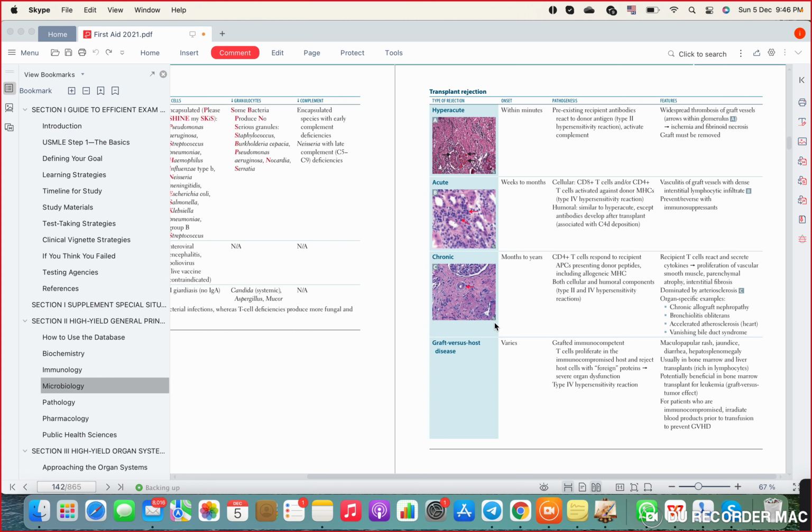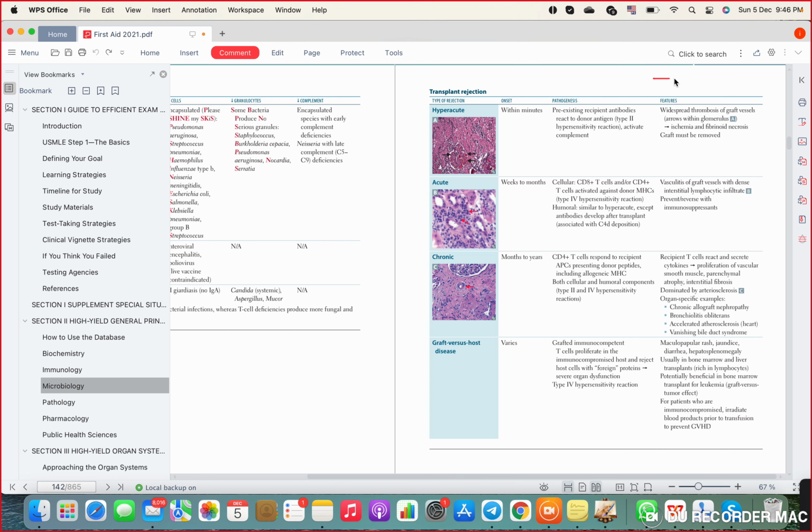And when I was reading the explanations, they said CD4 reaction would be chronic and acute would be CD8. Well, remember the CD8 is basically the cytotoxic T cells. It functions like a natural killer, but it's not a natural killer.